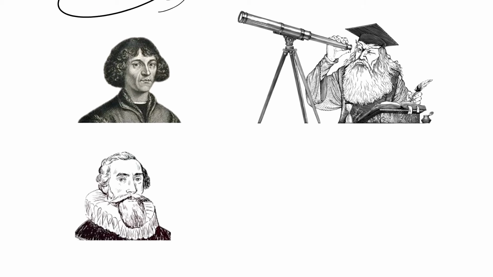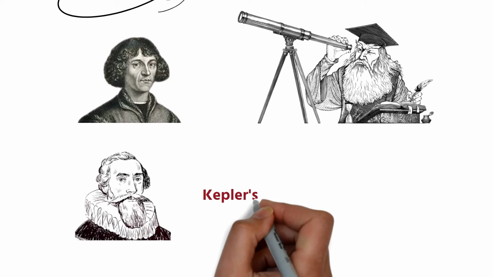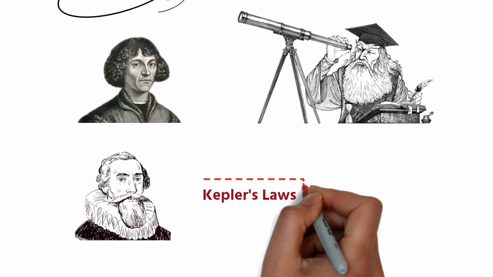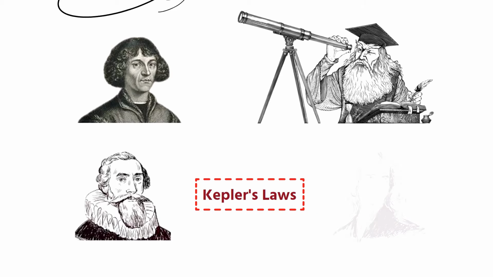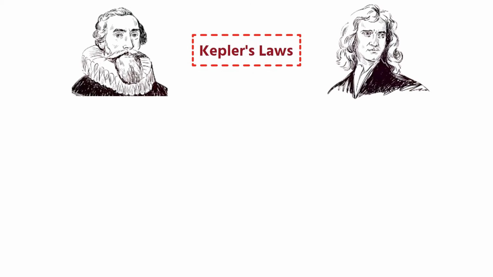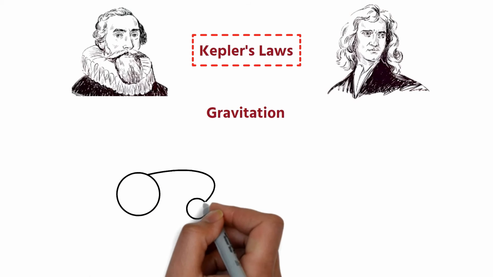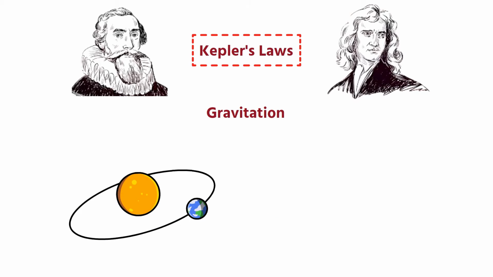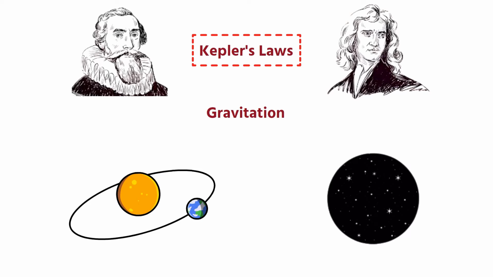Later, the German scientist Johannes Kepler discovered three elegant laws of planetary motion, which are popularly known as Kepler's laws of motion. By analyzing these laws, Sir Isaac Newton determined the nature of the force of attraction between the Sun and the planets. This force of attraction is called gravitation, which not only acts between the Sun and the planets, but also between any two objects in the universe.